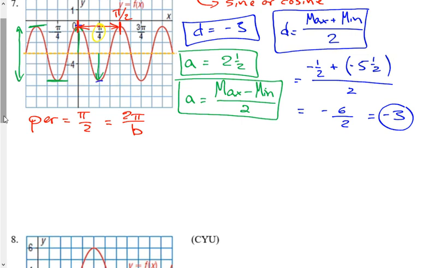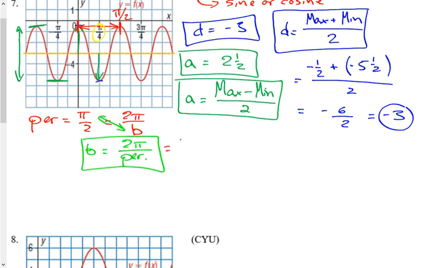So we could look at the pattern and guess and say, oh yeah, b would have to be 4. Or we could rearrange this. So we'd multiply the b up here, divide the pi by 2 on the other side, and we get a variation of this formula, which says b is equal to 2 pi over my period. Again, not given on a formula sheet, but a useful relationship to have handy.